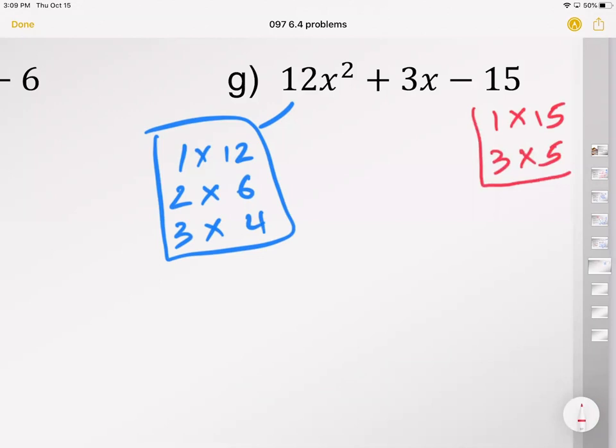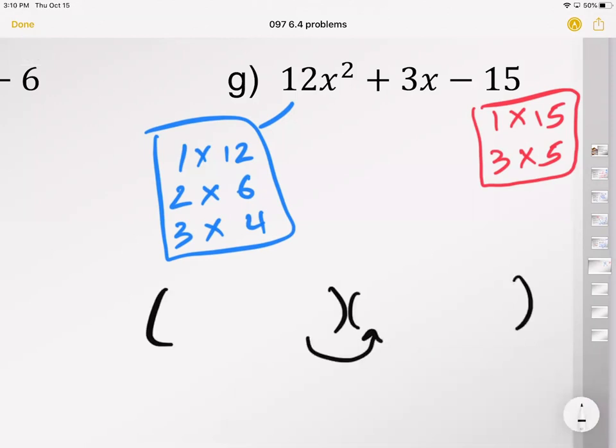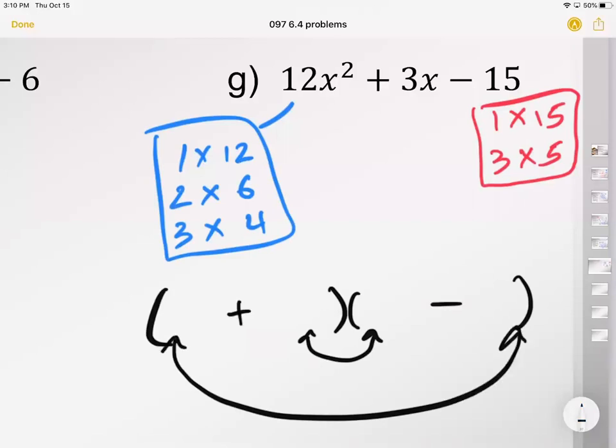Is there any way you can mix and match the two numbers, one positive and one negative, so that you subtract to give you positive 3? Looking at this, you have to be good with your times table.